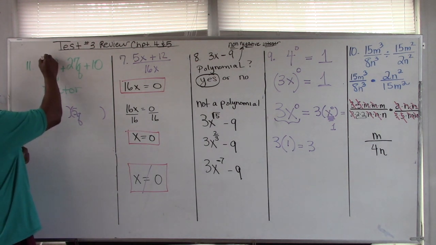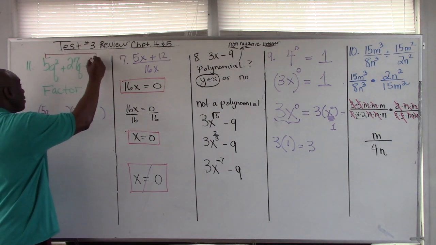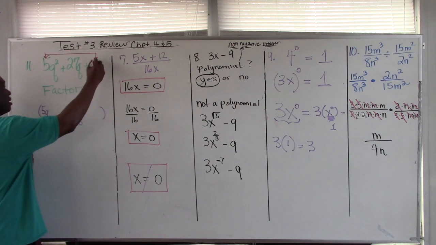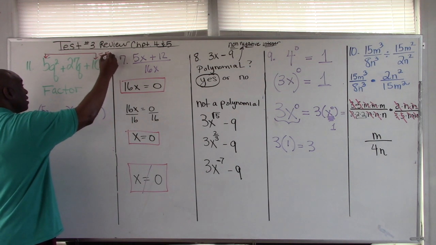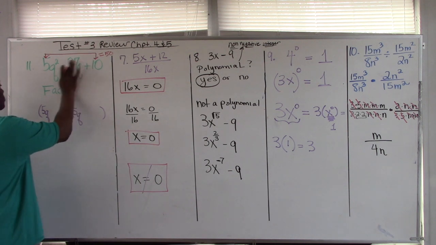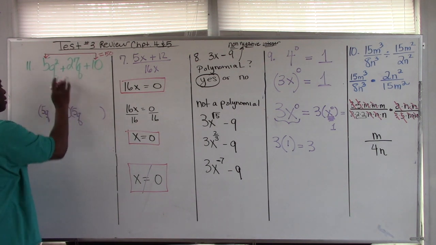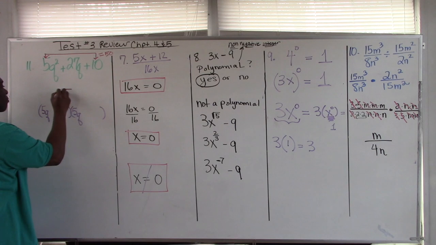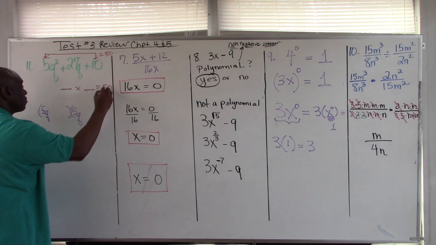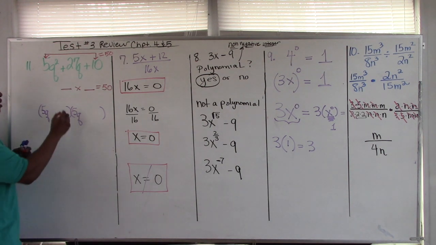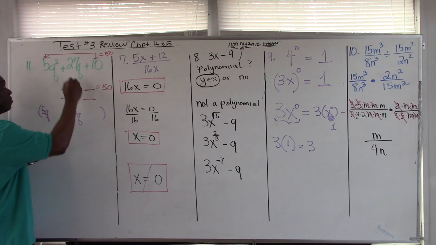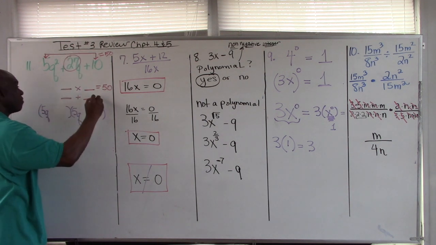What's 5 times 10? 5 times 10 is 50. I need 2 numbers that multiply to 50, and those same 2 numbers have to add up to 27.